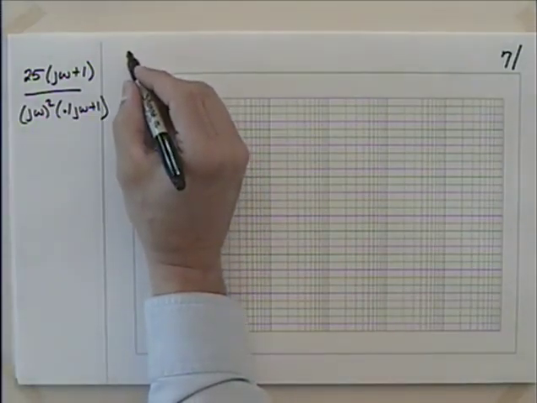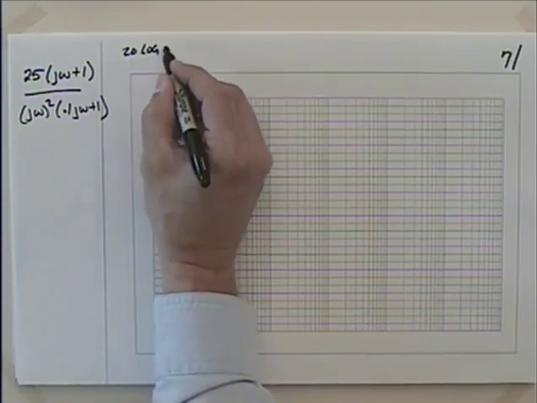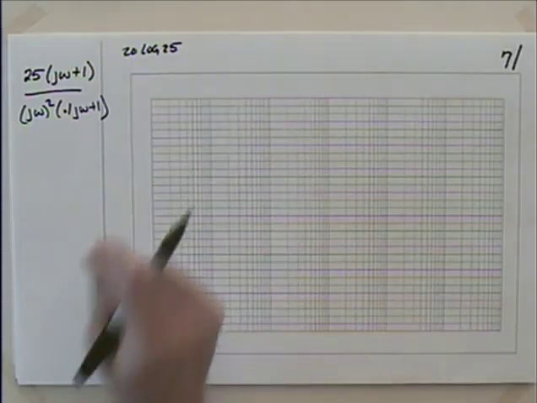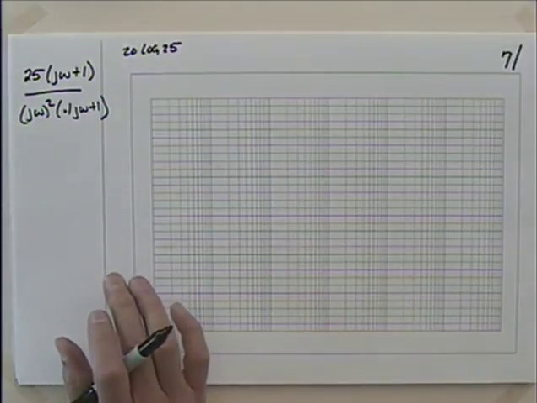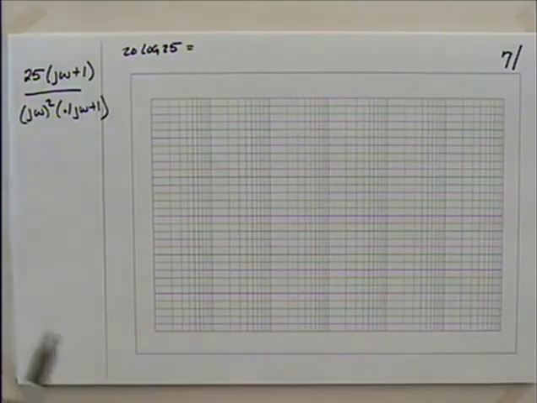Well, we're going to have the 20 log of 25, right? What's that? I think I got to grab a calculator for that. Log of 25 is not particularly nice.